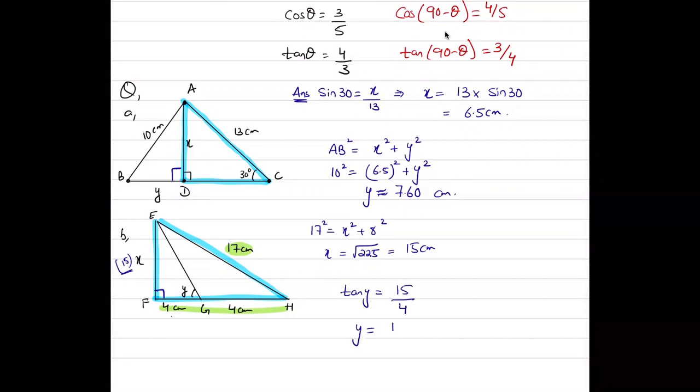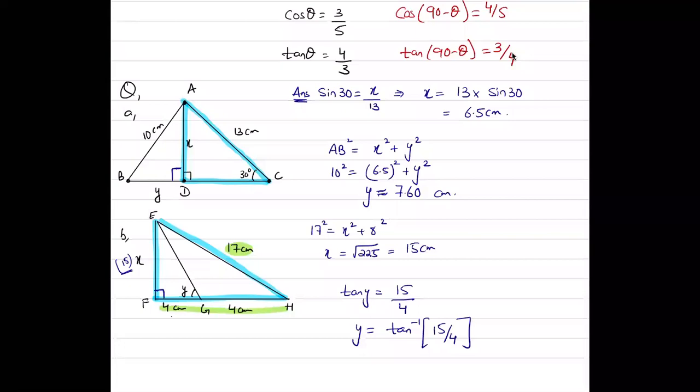For angle y, you're going to take out tan inverse of 15 upon 4. Calculate this out. Taking out tan inverse of 15 upon 4 in your calculator, you're going to get 75.1.